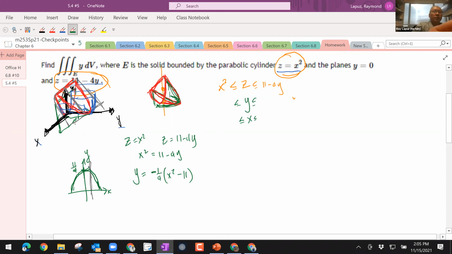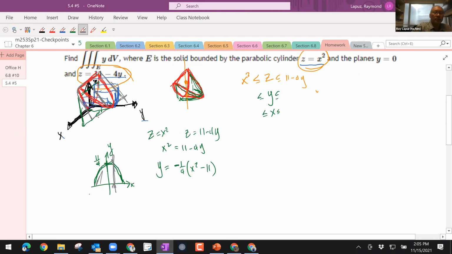If we draw that line parallel to the y-axis, we would enter through this region at y equal to 0, and then we would exit through that region at this parabola, negative 1/4 times (x squared minus 11).